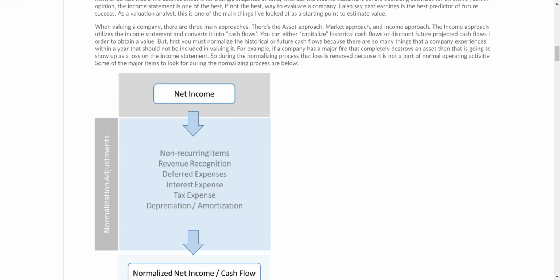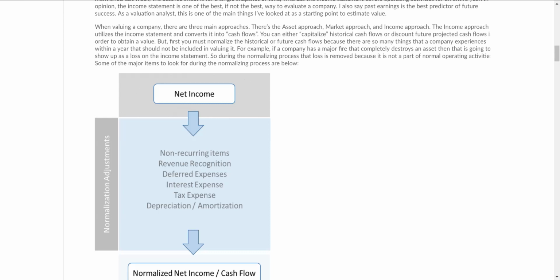Deferred expenses: are there expenses that have been deferred that should really be recognized now? Interest expense, tax expense. Some companies take advantage of tax credits, which could minimize tax expense, or they may pay a lower income tax rate, a lower bracket.